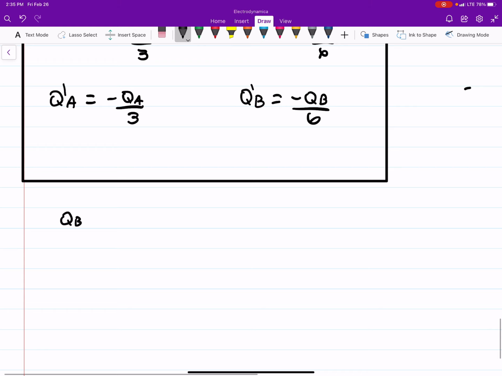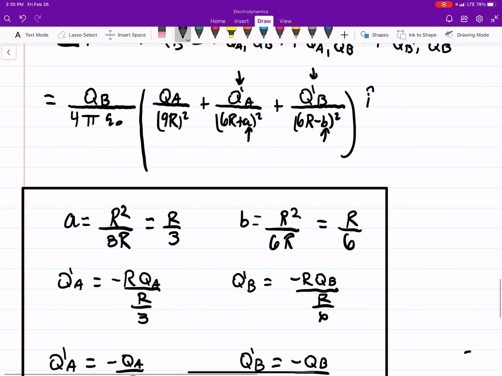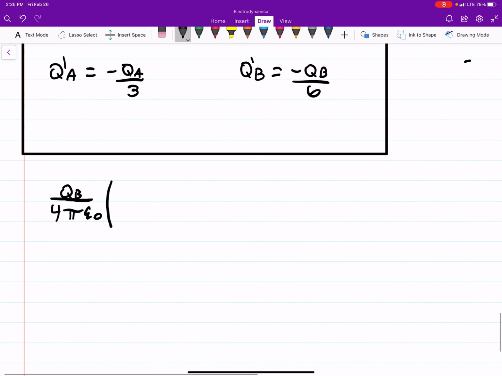So we have QB over 4 pi epsilon naught. The first one is easy because we know that's just going to be QA over 9 squared, which is 81 r squared. Let me make this a little bit bigger.